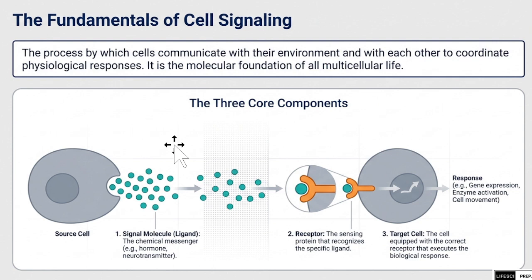Here, the source cells release some signal molecules from a particular distance or nearest to it, such as chemical messengers, hormones, neurotransmitters, etc. Anything that has been received by the target cell through a particular receptor that detects chemical signals or chemical messengers and transmits them to the target cells, and the target cells respond to the signals.